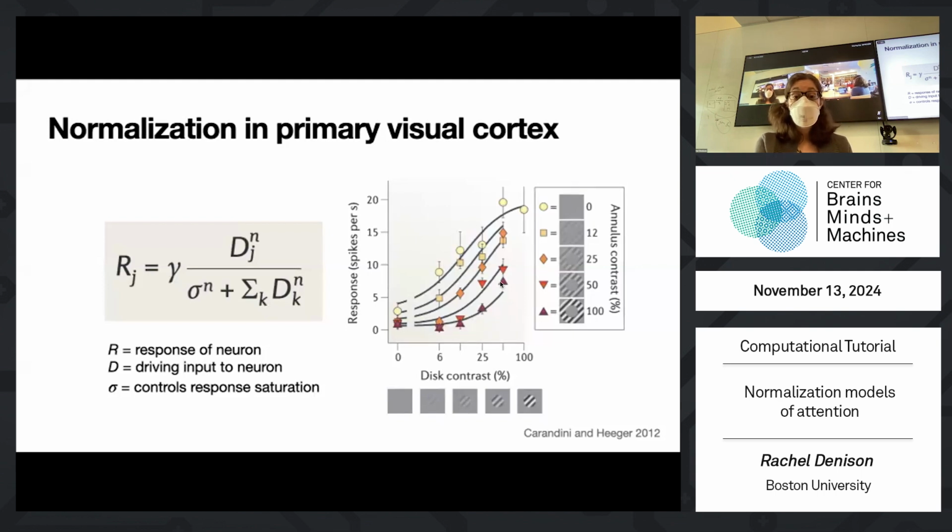And the level of contrast that you need to reach a certain spiking rate gets higher and higher.